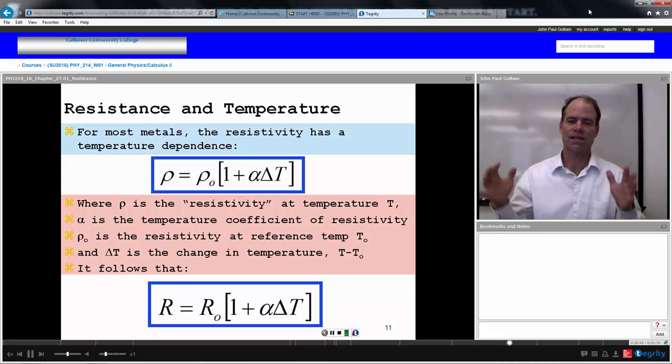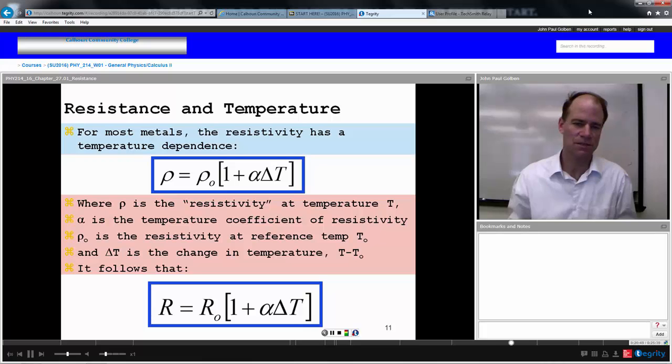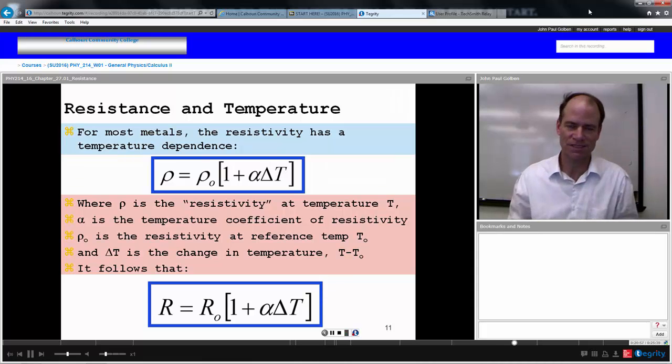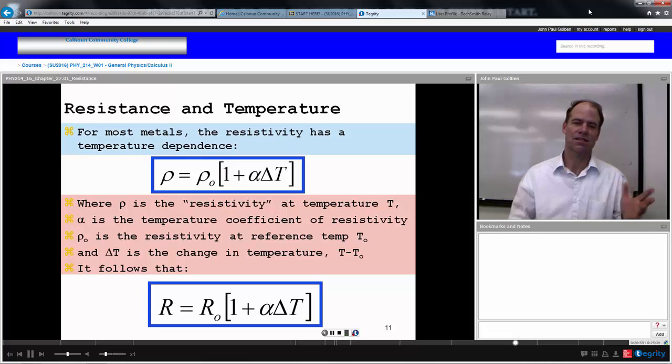In fact, as you approach absolute zero, many of these materials, these metals, will go superconducting, which means they will conduct electricity without any resistance at all. That's a special case where they pair up in Cooper pairs and they make it through. That's at very, very cold temperatures for these metals approaching absolute zero.